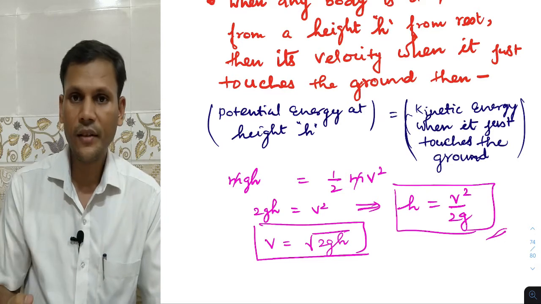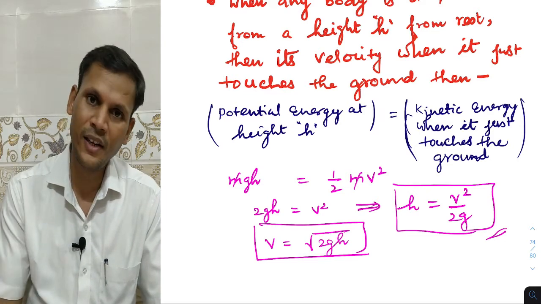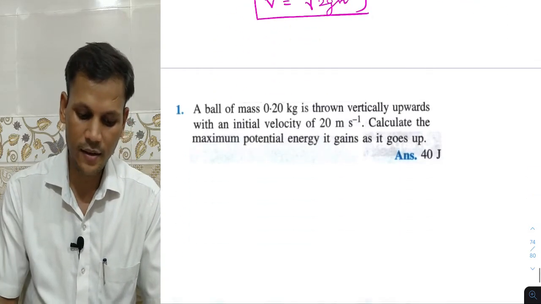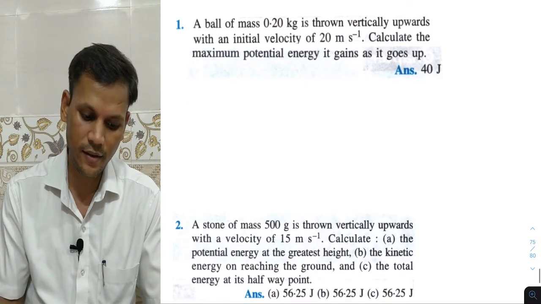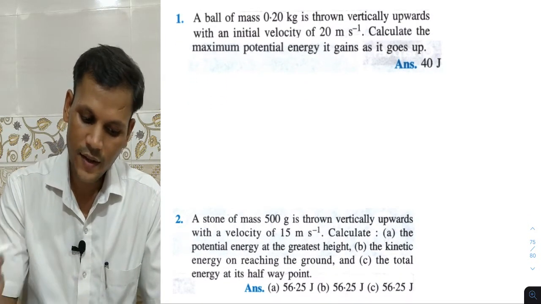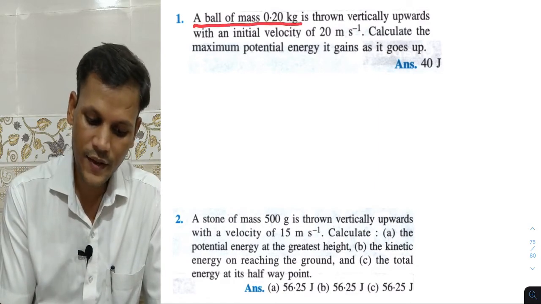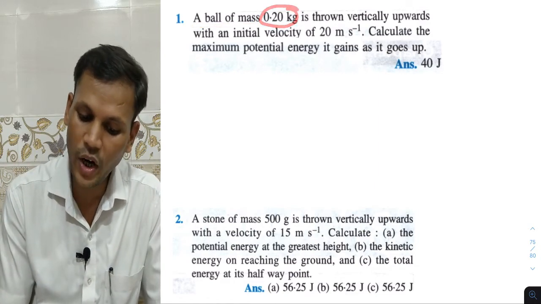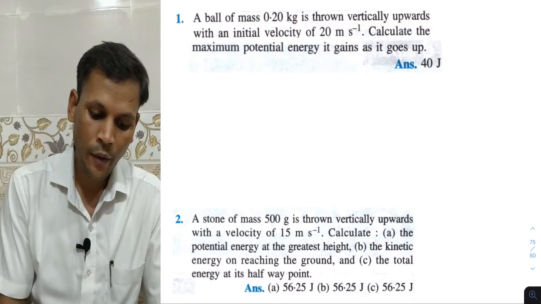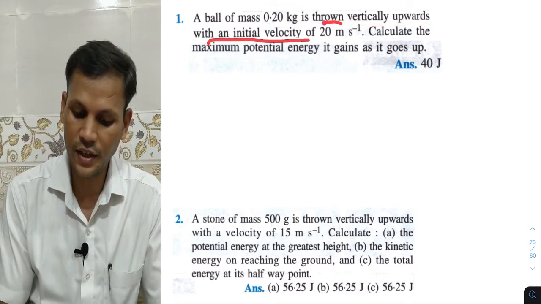By using all these formulas, we will discuss numericals. Okay, let's start with the first sum. A ball of mass 0.2 kg is thrown vertically upwards with an initial velocity.